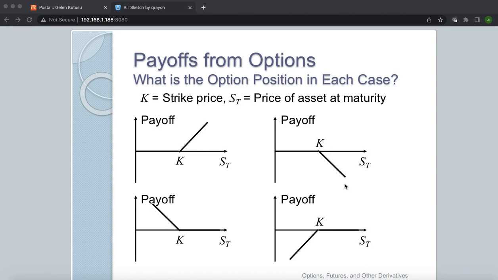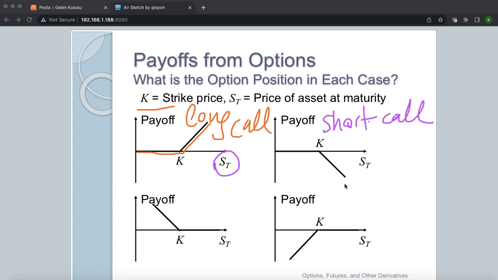So if we have a long position in a call option, this is the long call case, we have our payoff like this as we discussed, because we are holding this option, so we have the right to buy this underlying stock at the price K, and if the maturity price is above this, you have the right to purchase a more expensive asset at a cheaper price, which is going to give you a profit or positive payoff, of course. Now, if you have a short position, then this is the short call, then it will be the mirror image with respect to the x-axis. Now, our payoff is opposite to what we have seen in the long call position.